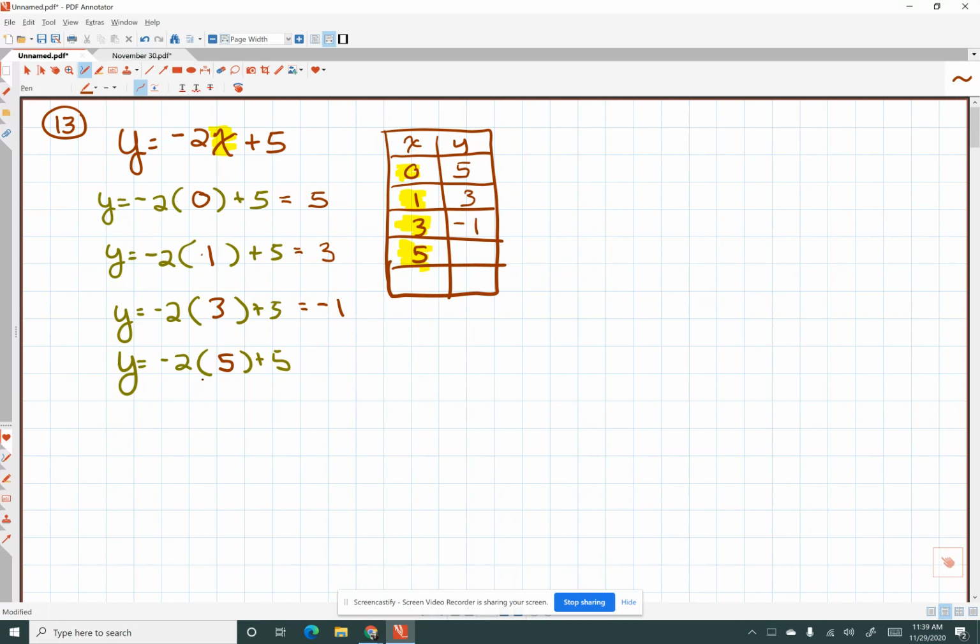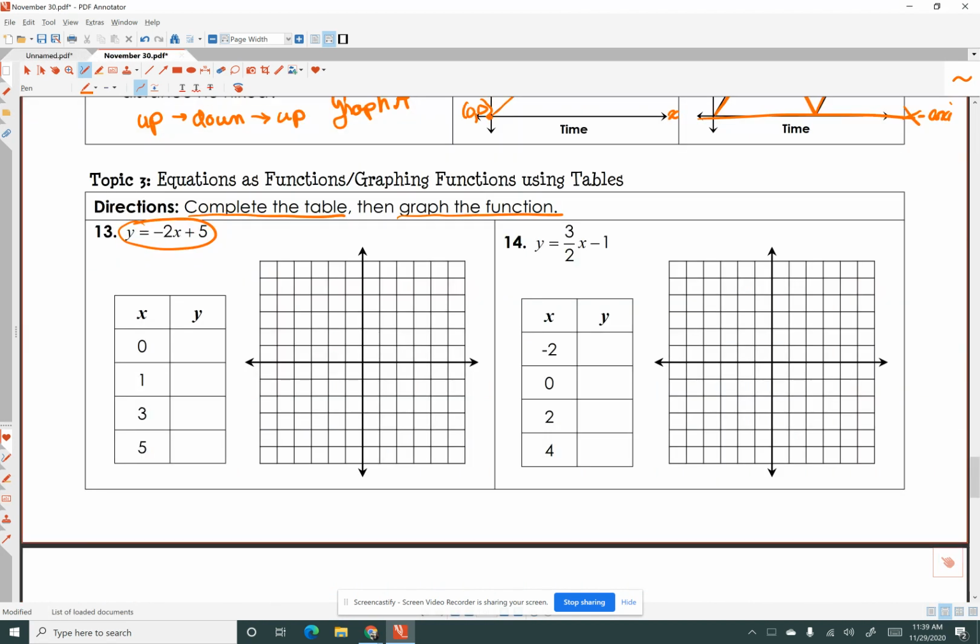And negative 2 times 5 is negative 10 plus 5 equals negative 5. So let's go back to our paper and complete that table. We have 5, 3, negative 1, and negative 5.